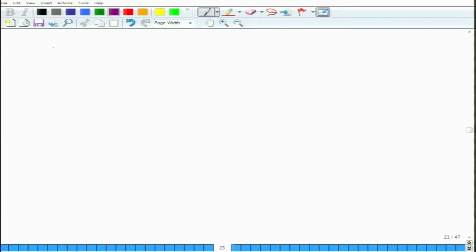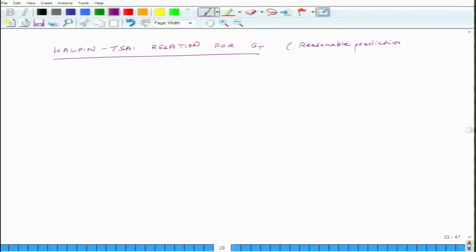We will use this formula known as the Halpin-Tsai relation for ET. It gives reasonable prediction for ET.